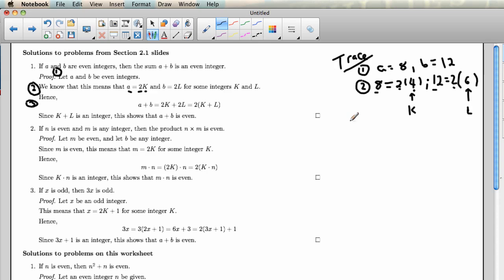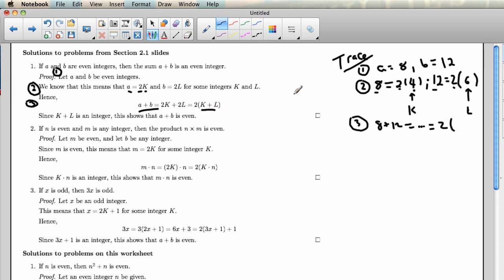So in line 3, for example, line 3 says A plus B on the left side. So this is one way we can kind of check our algebra. For me, A plus B is 8 plus 12. Right? So that's what my left side looks like. Equals, and there's going to be some other algebra, but I can just skip over to the end here and just check, is this really the same as 2 times K plus L?